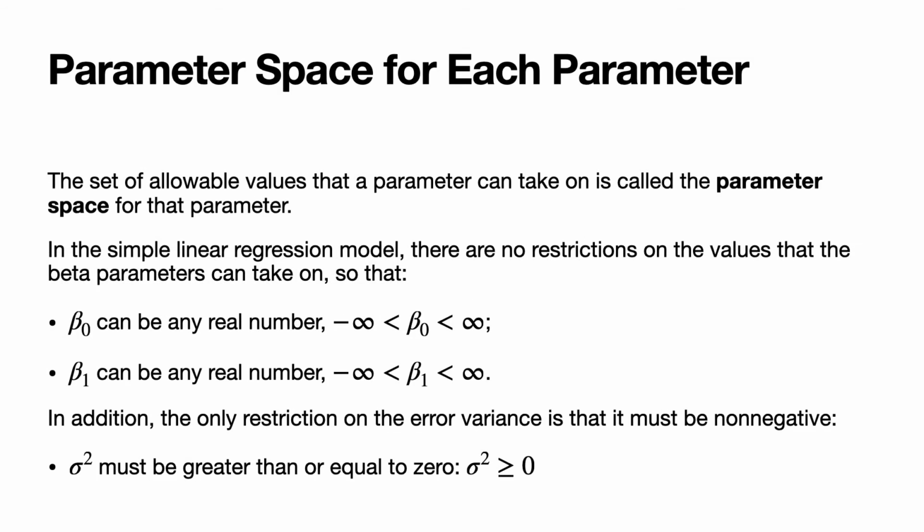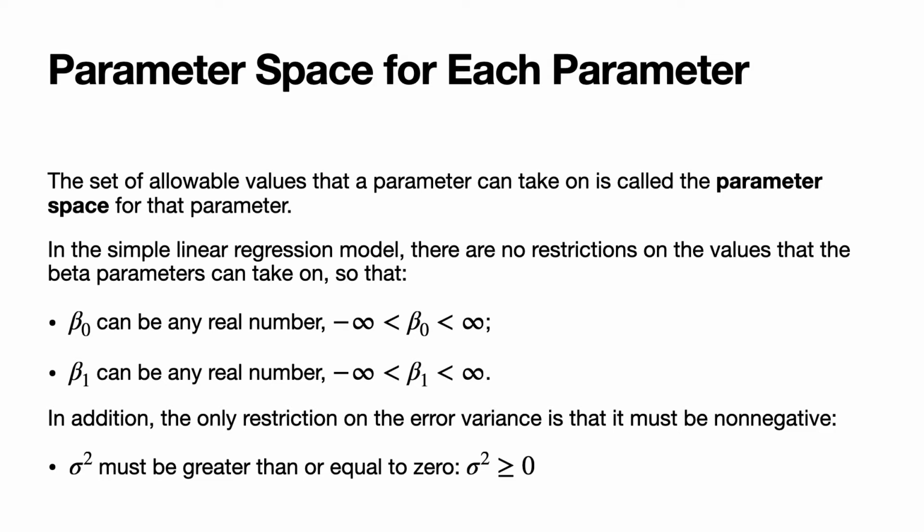Next, let's talk about what we mean by the parameter space for a set of parameters. So the set of allowable values that a parameter can take on is called the parameter space for that parameter. In the simple linear regression model, there are no restrictions on the values that the beta parameters can take on, so that in general, beta 0 can be any real number between minus infinity and positive infinity.